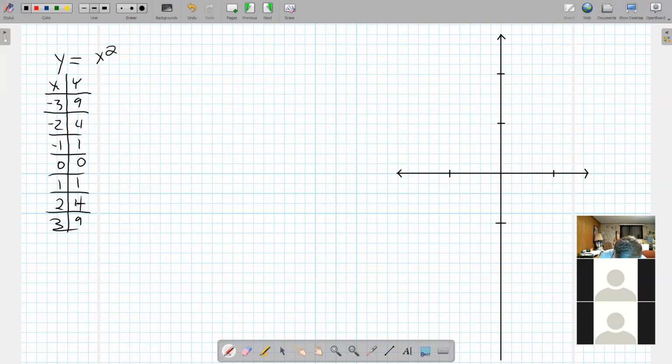And our graph is here and here and here and here and here and here and here. Okay. So that's just the same picture that I started with over there. You get the general idea.